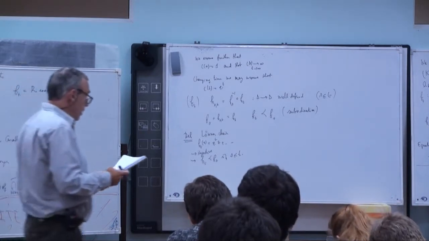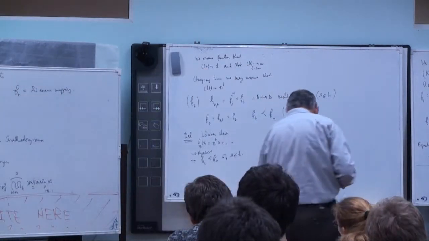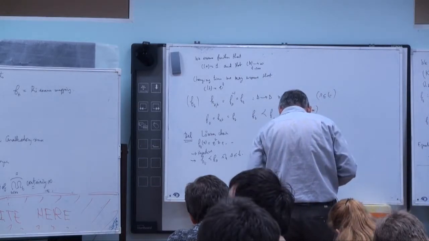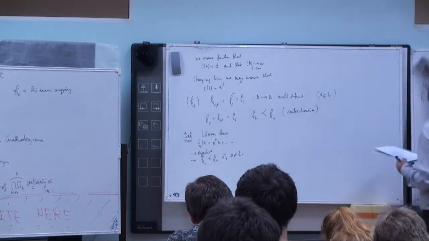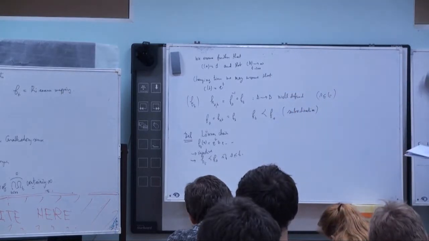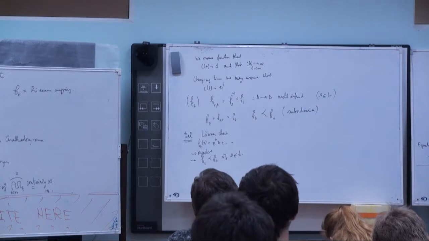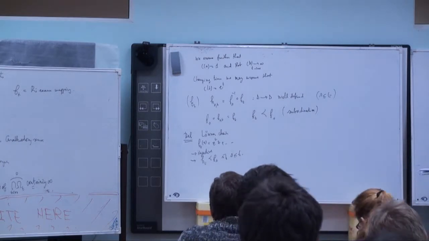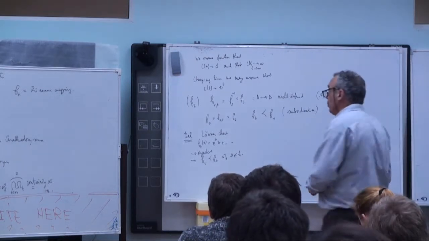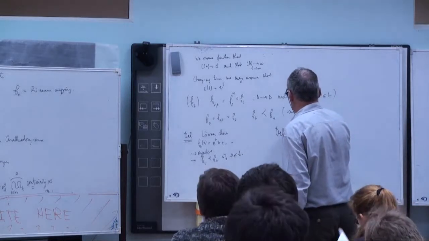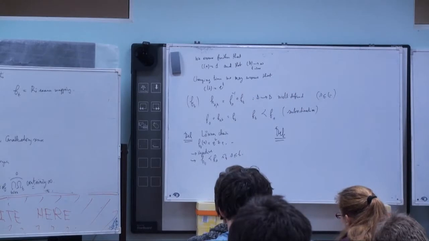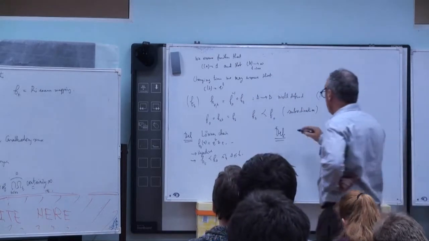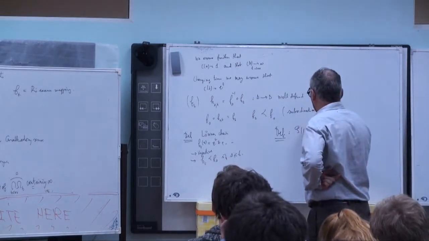Now the important thing is the following theorem. Before I state the theorem, let me define an important class which we have already met this morning. Let's call it P of delta.